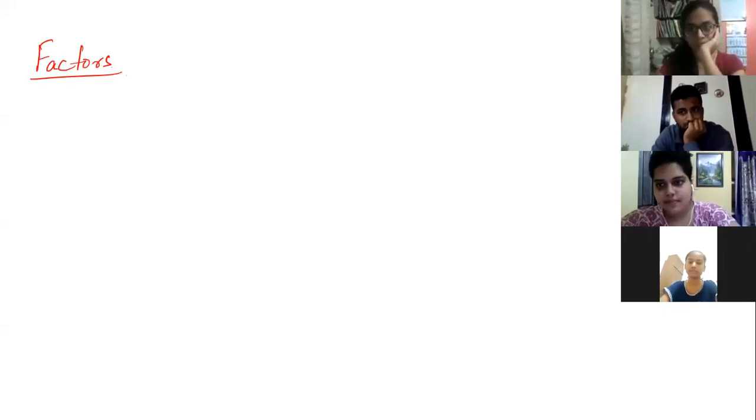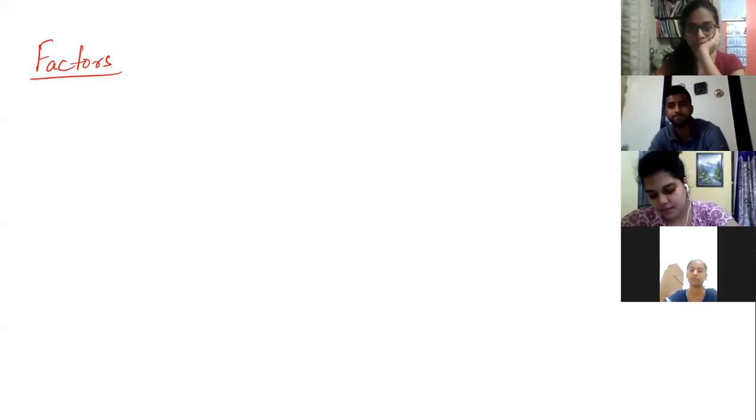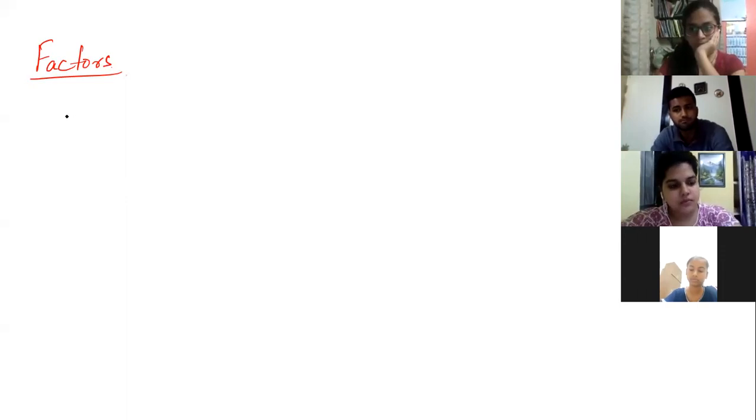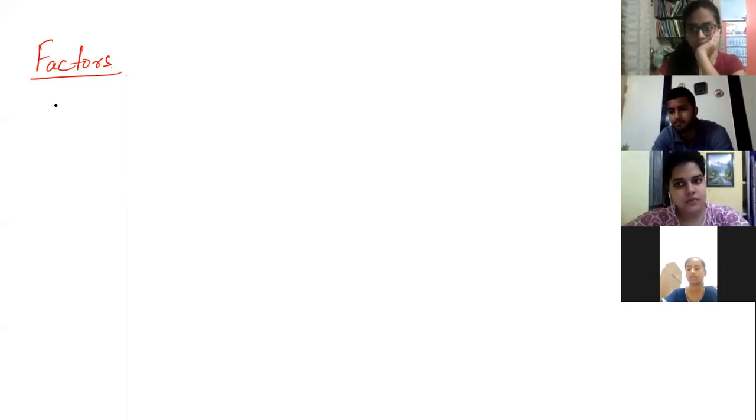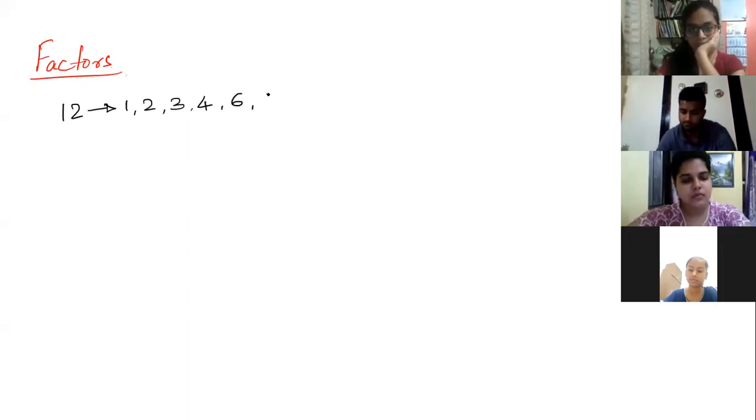Raise your hand. Great. So factors, what kind of questions come in factors, and what exactly is a factor? So we'll come back to this again. We did connect to this when we were into HCF, but let's understand. What are factors? For example, if I take a number like 12, a number that can divide 12 is called a factor of 12, right?